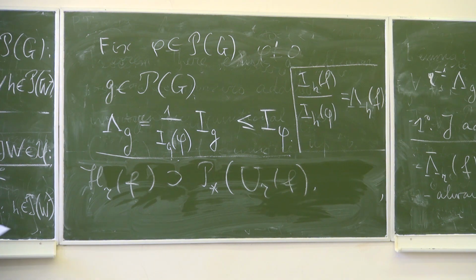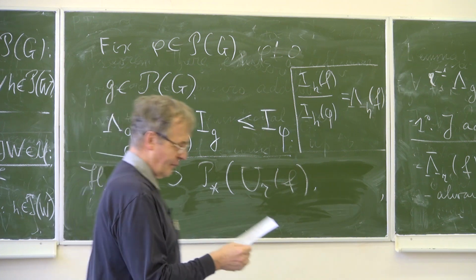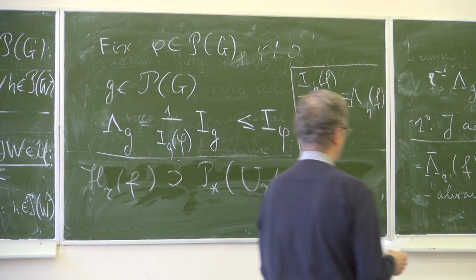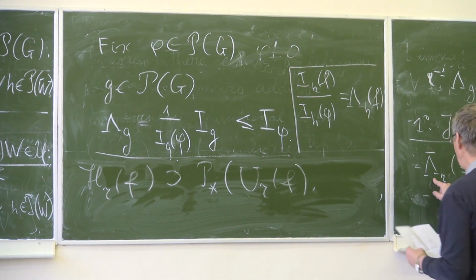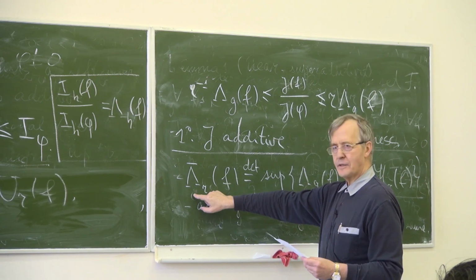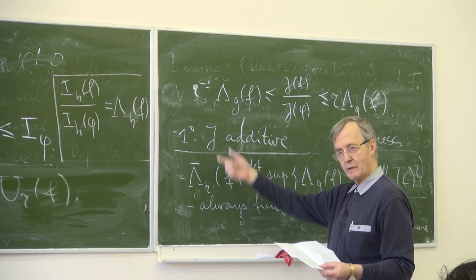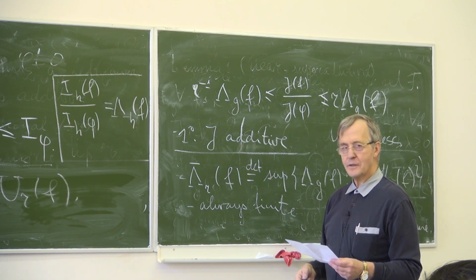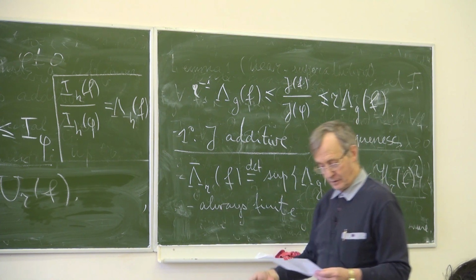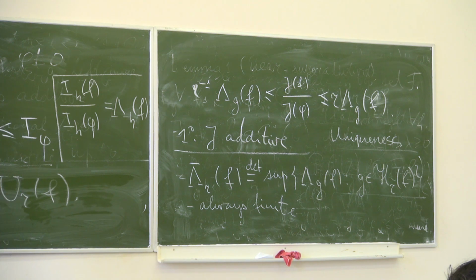But nonetheless, what about this functional? Clearly, it still remains homogeneous, of course. If I multiply by something, it is still left invariant because it is a supremum of left invariant functionals. And it is positive. Okay.